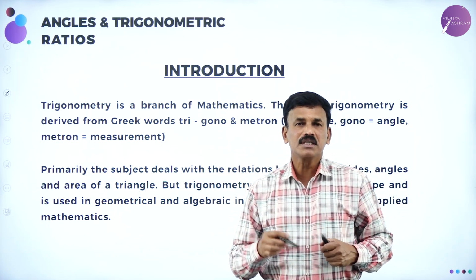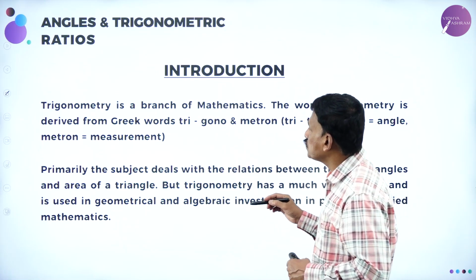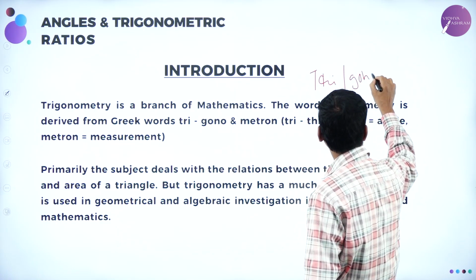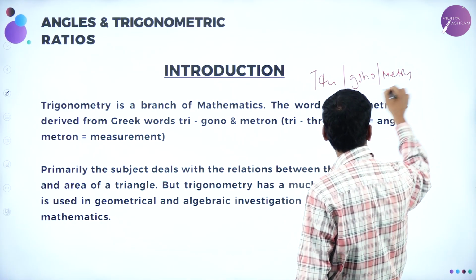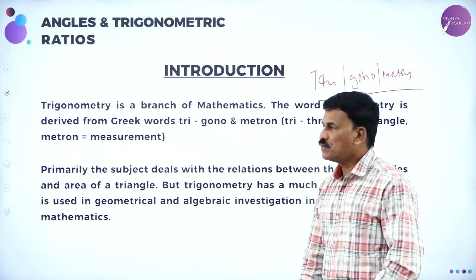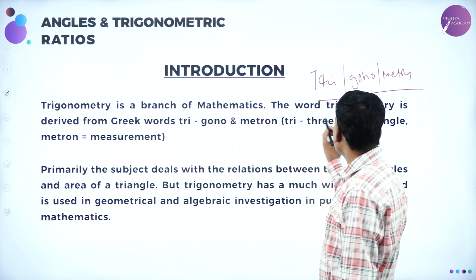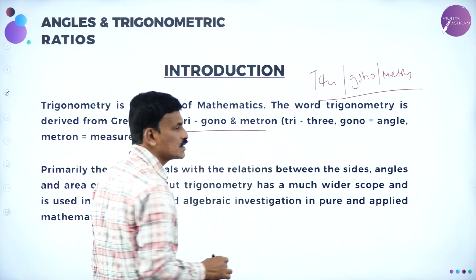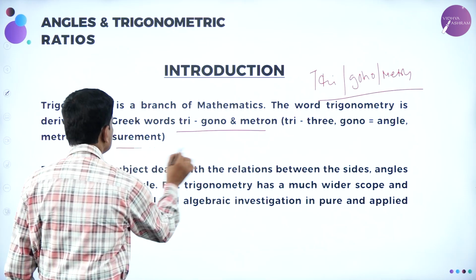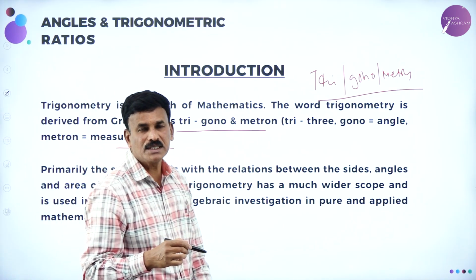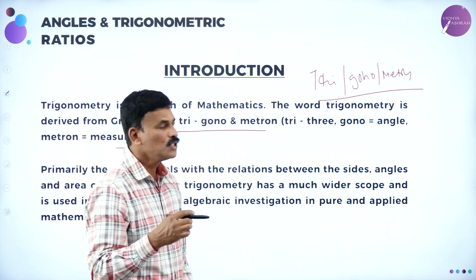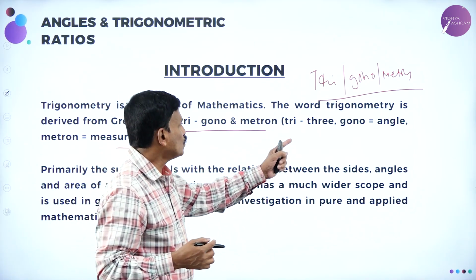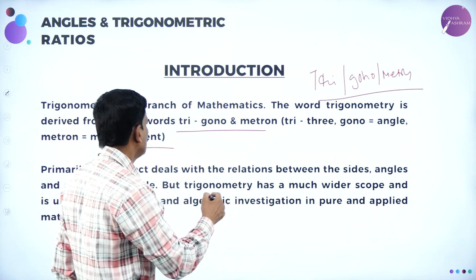The word trigonometry is divided into three parts: tri, gno and metry. In Greek, tri means three, gno means angles and metry means measurement. So, three angle measurement, measurement of a triangle.